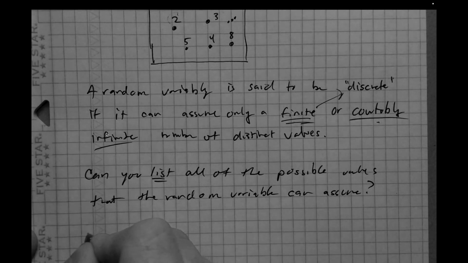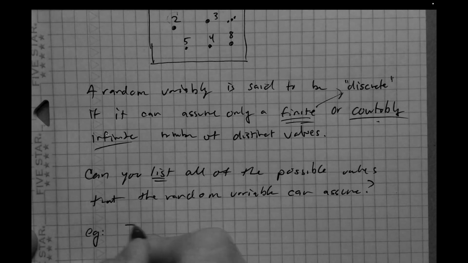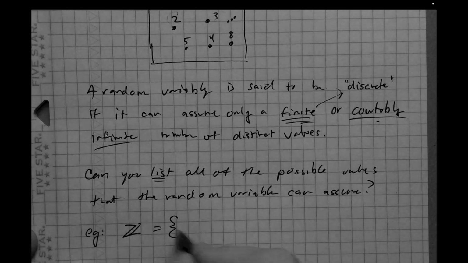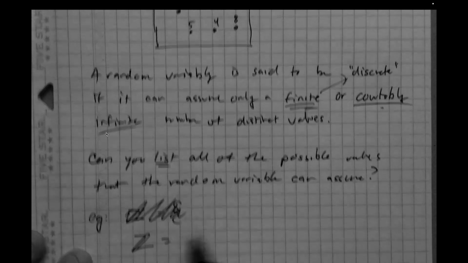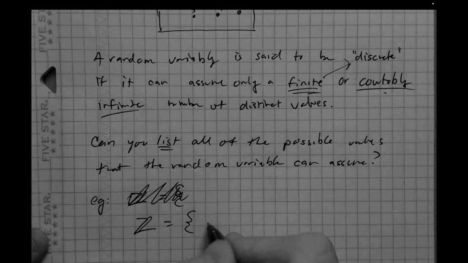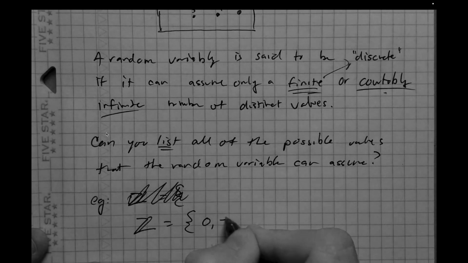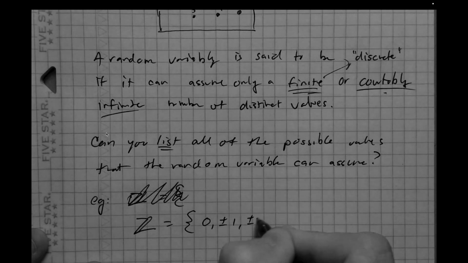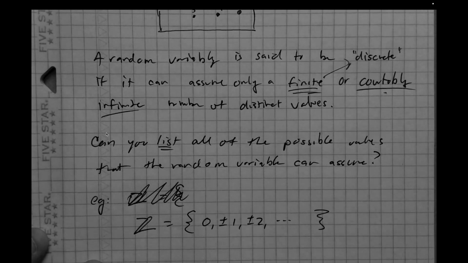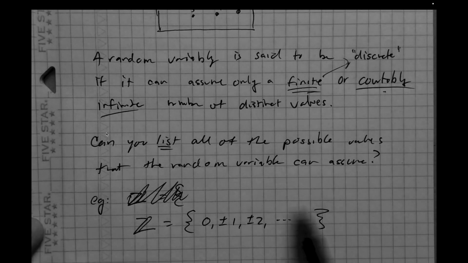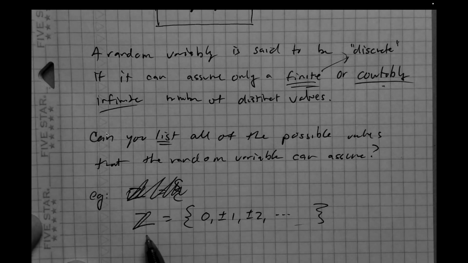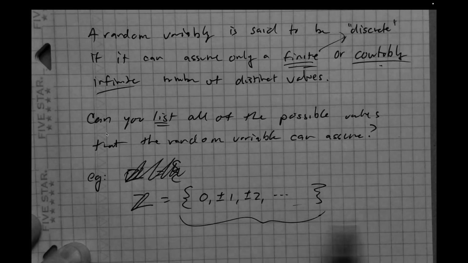So for example, let's take the integers. We know the integers are 0, plus or minus 1, plus or minus 2, and so on. It goes on forever, an infinite set. However, it is possible to list these numbers, not least because you can present them in roster form like this.